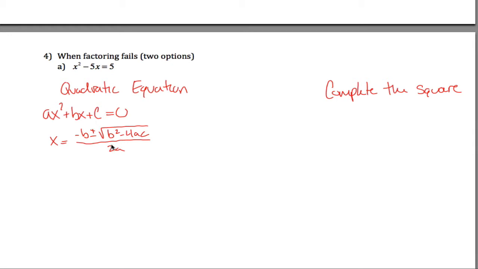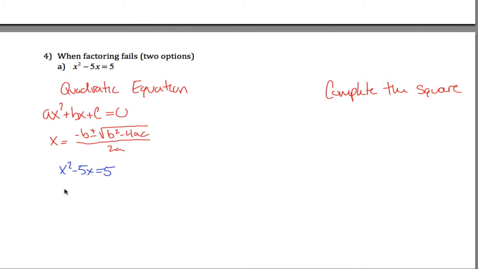If you have this memorized, then what you do is you go up to this question, x squared minus 5x equals 5, and you notice that it's not in the right form. This equation gives you solutions to equations of this form. We need it to be equal to 0.